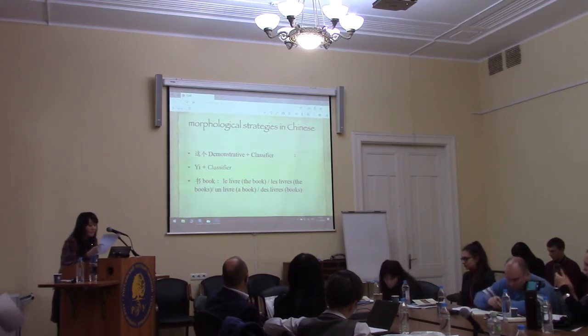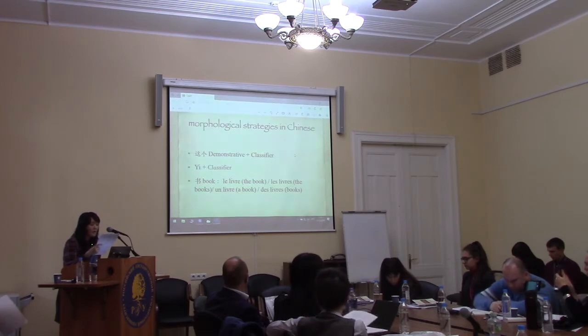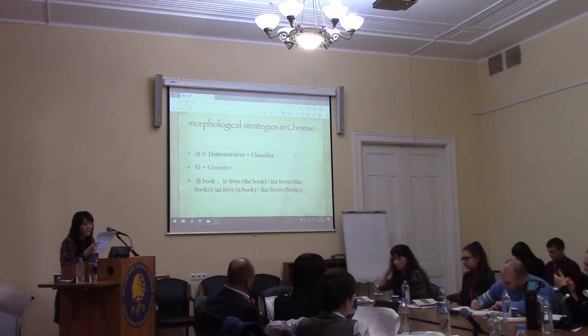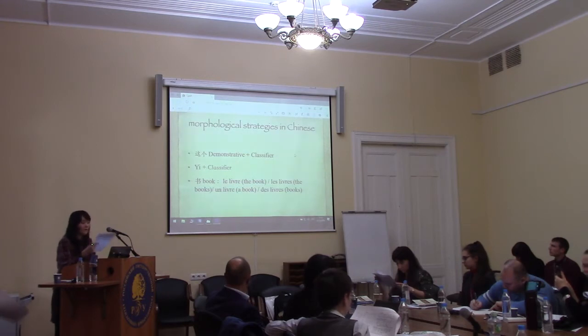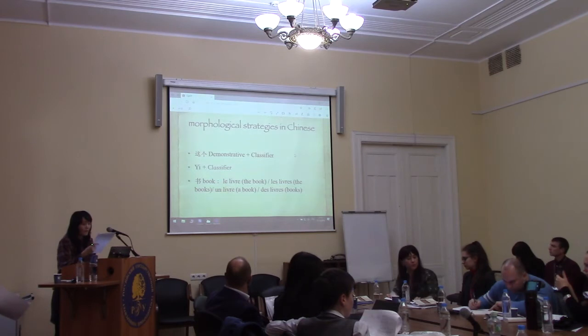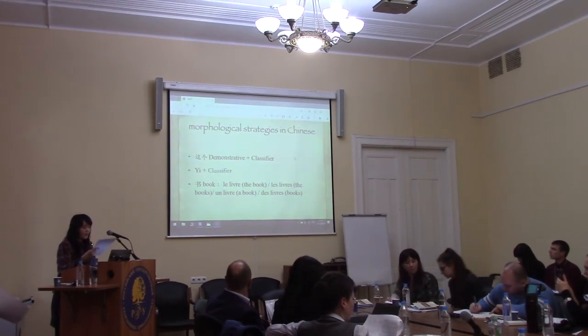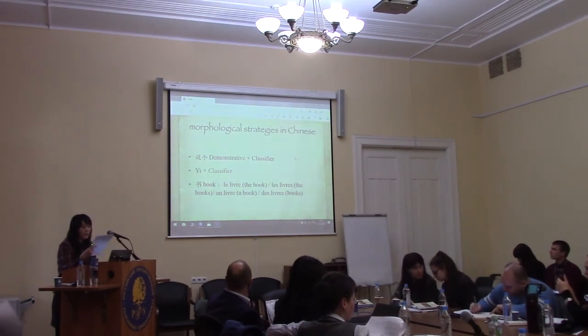But it should be known that the definite terms in Chinese could be characterized by the absence of any determiners, including the demonstrative, or the absence of any quantitative or qualitative determination. Bare noun phrases and numeral noun phrases by themselves are neutral in respect of the interpretation of definiteness.